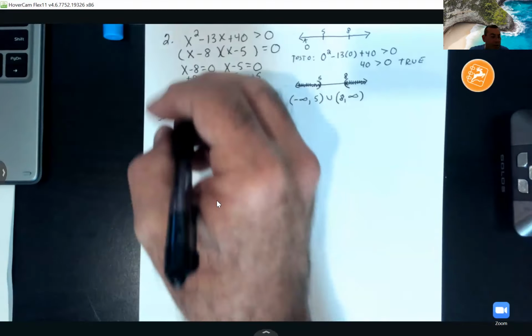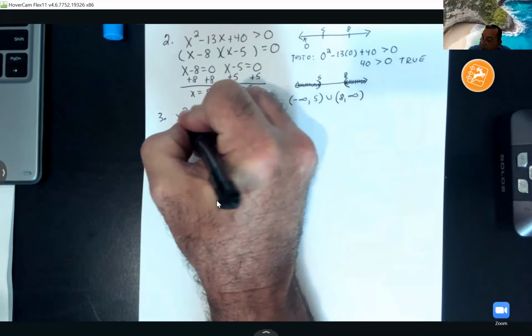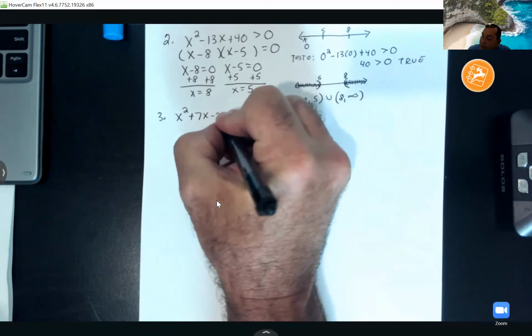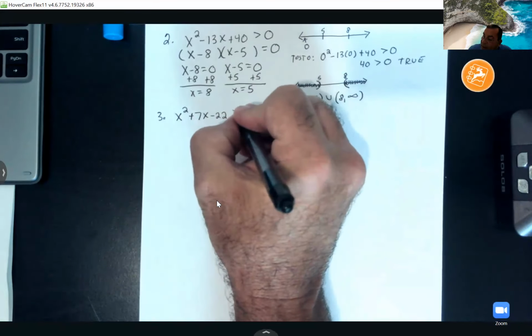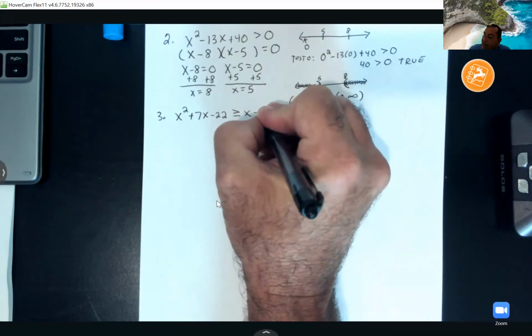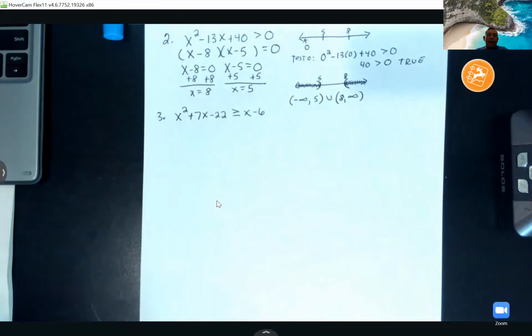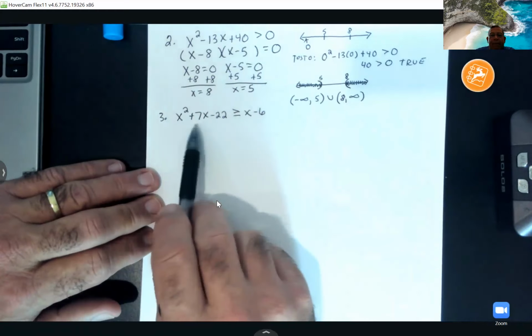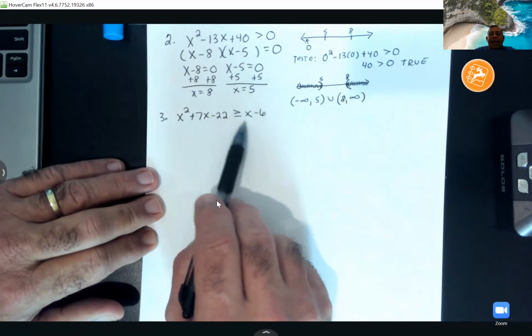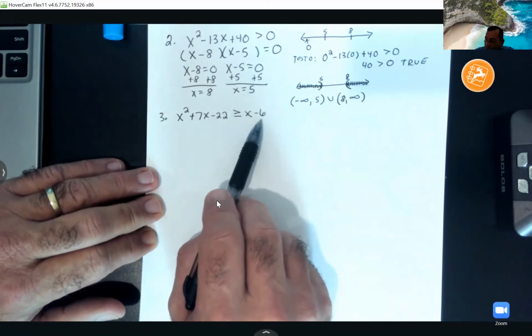All right, y'all, now this 3 has x squared plus 7x minus 22 is going to be greater than or equal to x minus 6. So here's the thing on this one. On this right side, I need a 0.